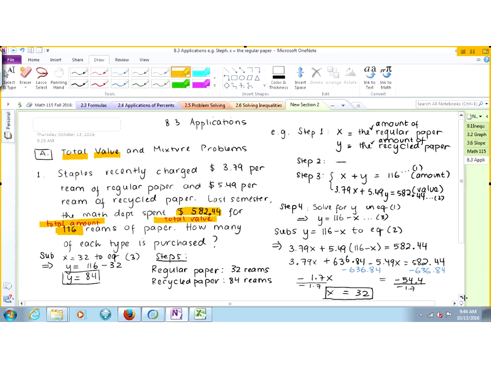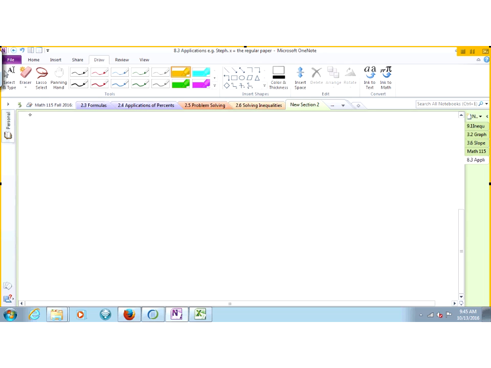All right. So number 2. Okay, so quick copy recently charged 49 cents per page for color copies.